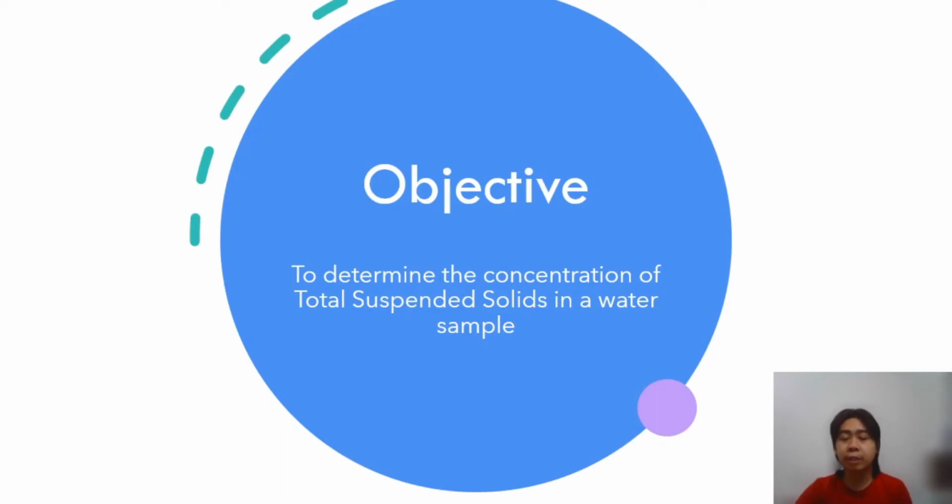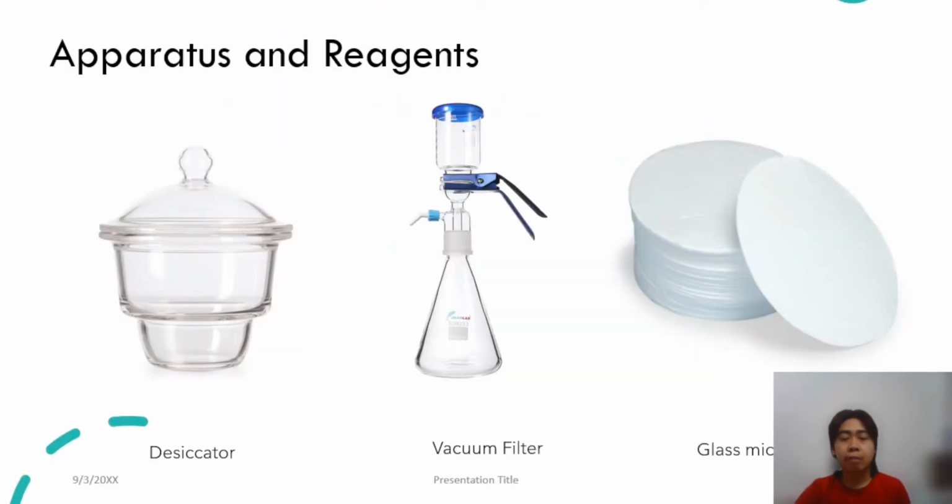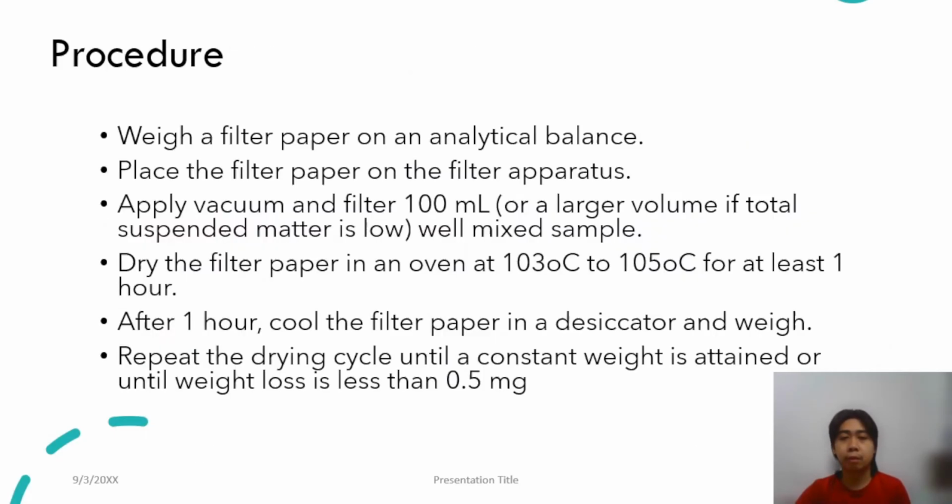The objective of this experiment is to determine the concentration of total suspended solids in a water sample. The apparatus and reagents needed for the experiment are a desiccator, a vacuum filter, and a glass microfilter. For the procedure, first and foremost, you need to weigh a filter paper on an analytical balance, then jot it down. Place the filter paper on the filter apparatus.